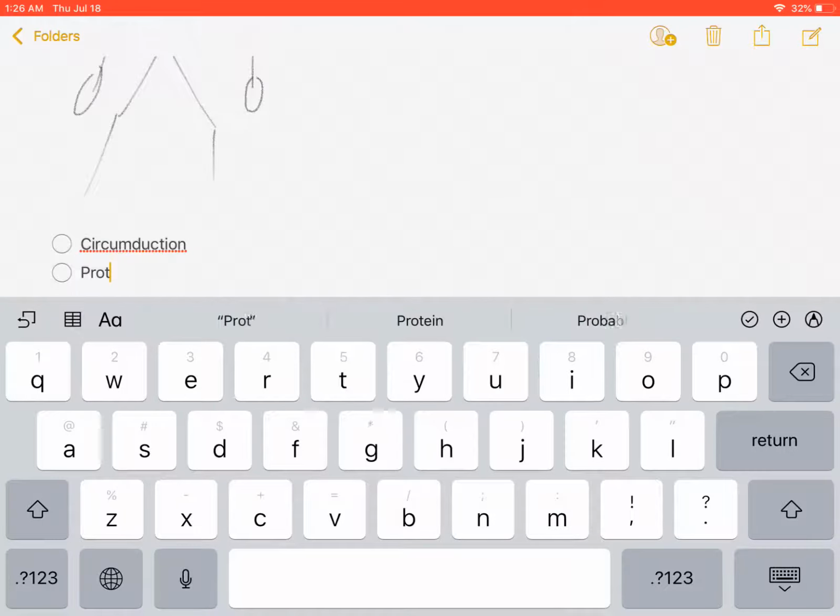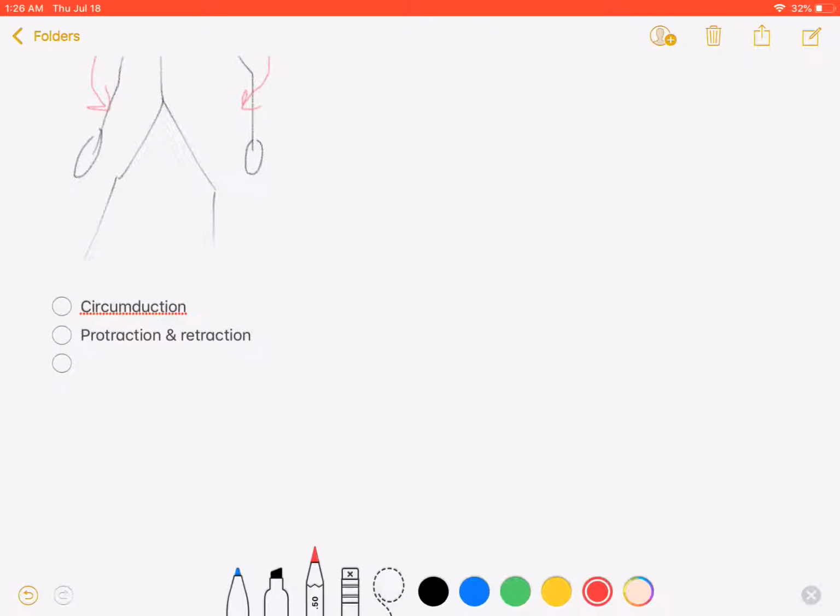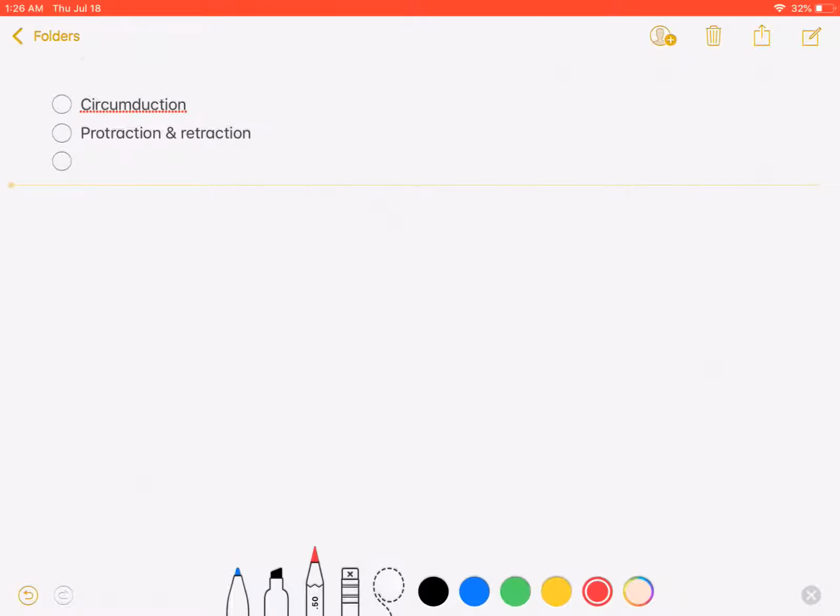So protraction and retraction. If you think of, what's this guy's name? Iron Man. If Iron Man is standing right here, and this person's seeing that way, and he has his arms that way, right?